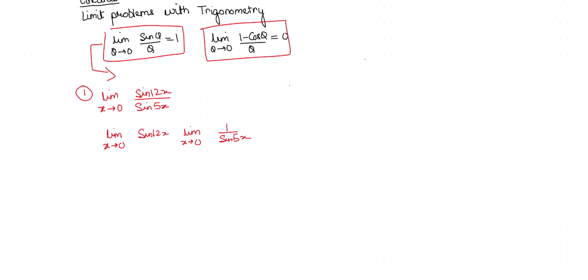So we know that sine theta over theta is 1. So we need to have 12x there. So what we'll do, we'll multiply and divide by 12x. So this gives 12x, and this is equal to sine 12x over 12x.